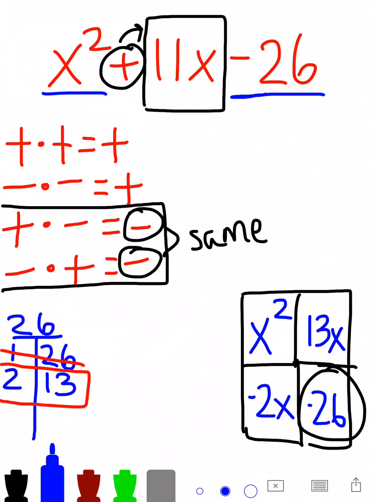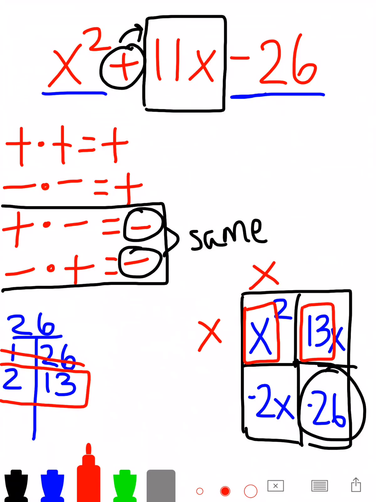We do the exact same thing we did on the problems before. Put a box around the first thing you see and pull it out. Put a box around the first thing you see right here, pull out that 13. And right here, put a box around negative 2 and pull out that negative 2. So since we have a positive 13, we know that's going to be a plus. And since we have a negative 2, that's going to mean minus.